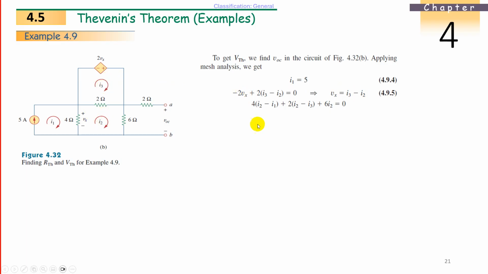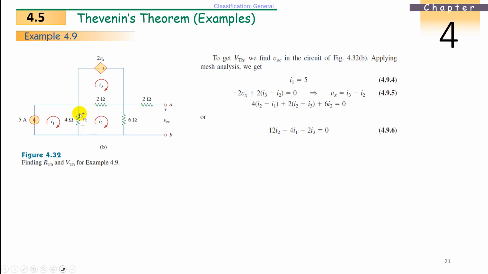Now this I2 loop: 4 I2 minus I1, 2 I2 minus I3, plus 6 I2, in the same direction, equal to 0. Now rearrange this one.